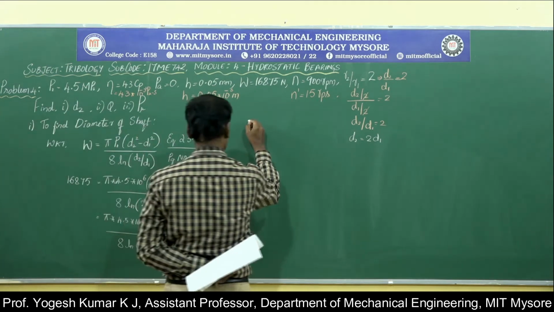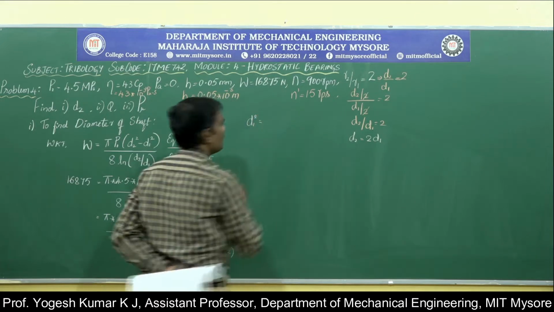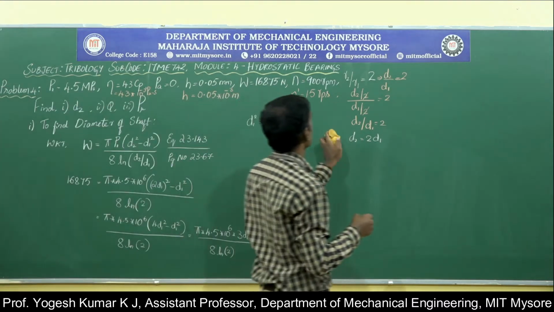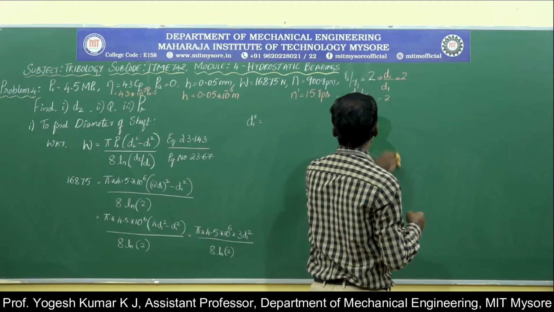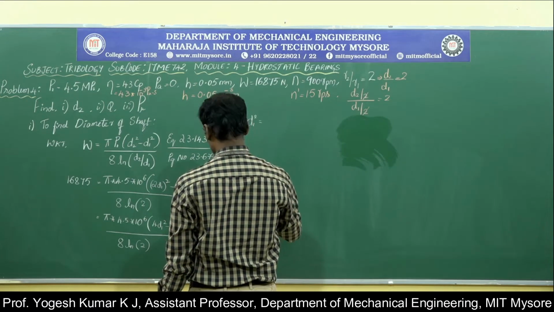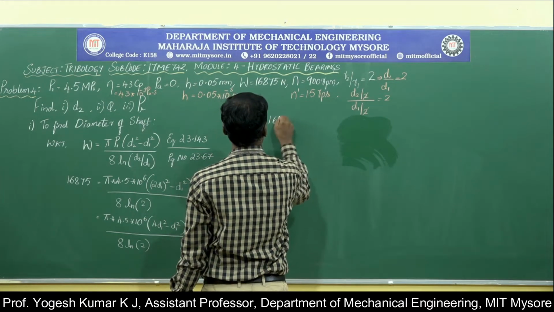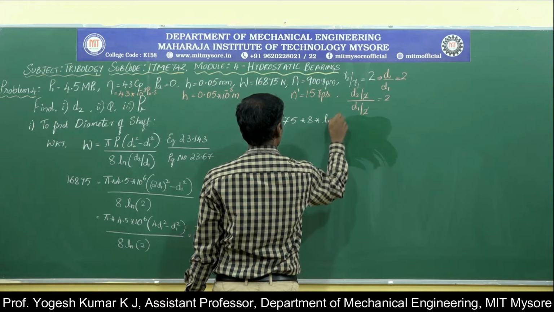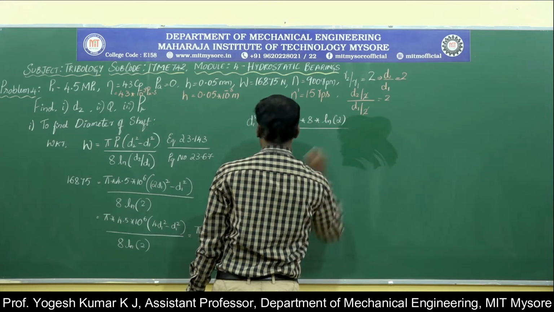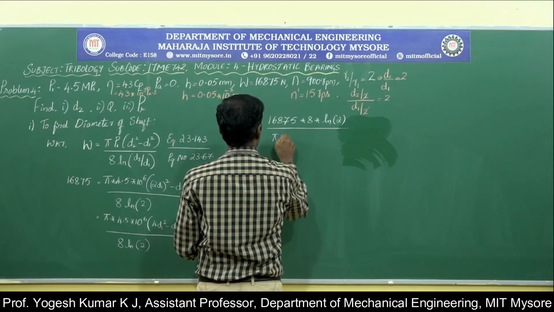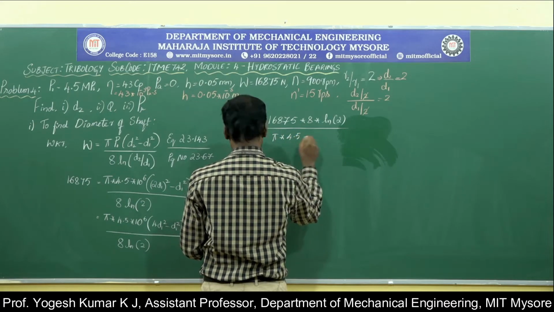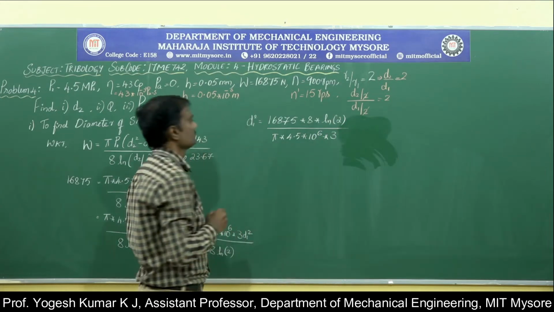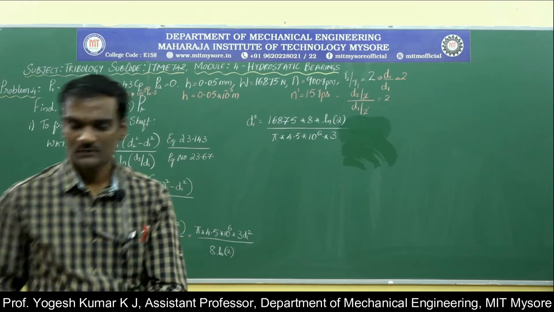Shall we solve for d1 square? d1 square equals 16875 into 8 into natural log of 2, whole thing divided by pi into 4.5 into 10 power 6 into 3. Shall we solve this in a calculator?